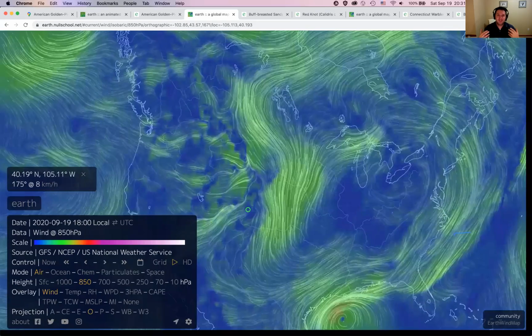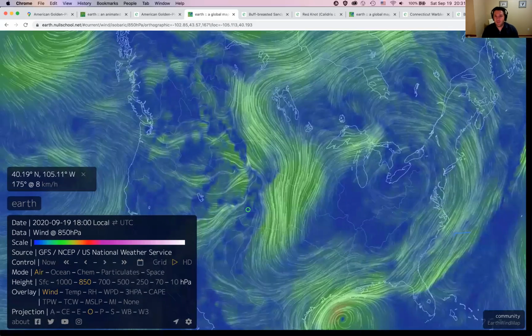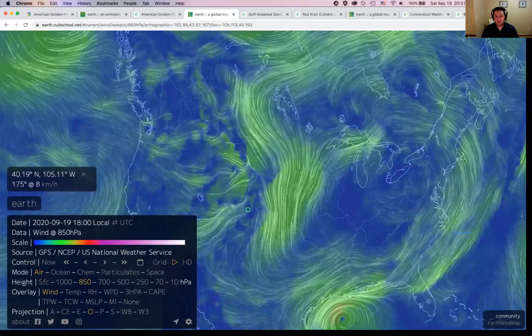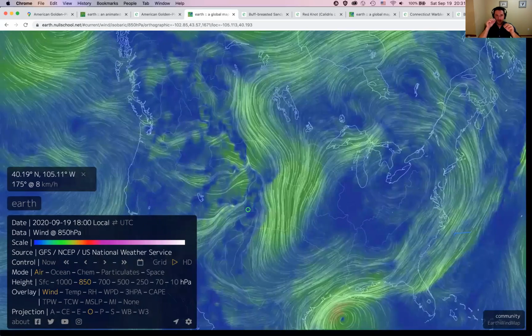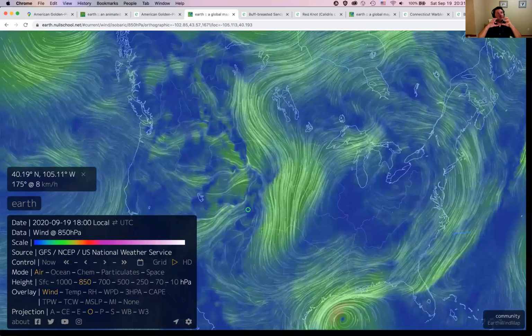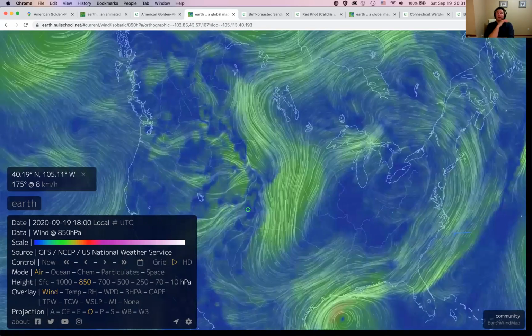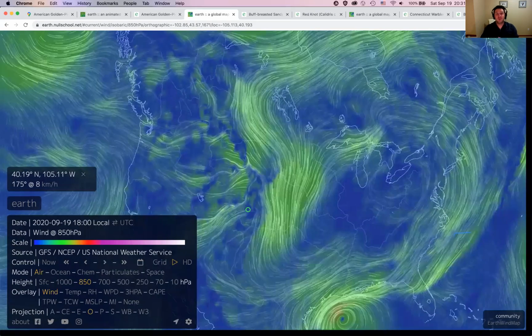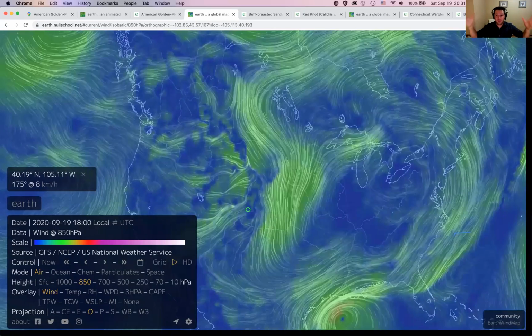This data is only as good as the model that produces it. And the model has a grid spacing. I shouldn't go into grid spacing. The grid spacing of the GFS model is relatively coarse. It's very large.